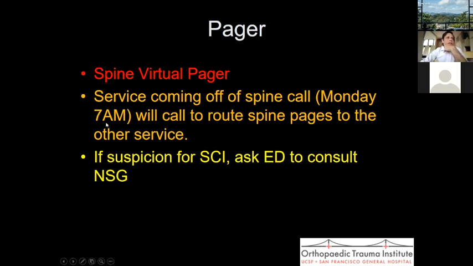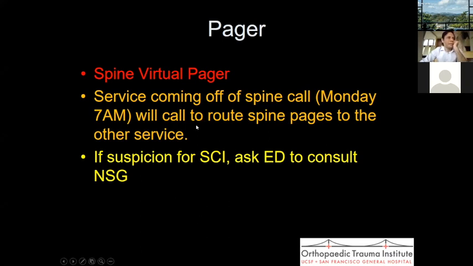The thing is, it's going to be on us to route those pages. I talked to the neurosurgery folks, and I'll send an email out once this actually happens. I just figured this was a good thing to bring up because the majority of the residents are here. Whoever's coming off spine call, like Monday mornings, through one of the web pages, we'll just route the spine pages to the other service.